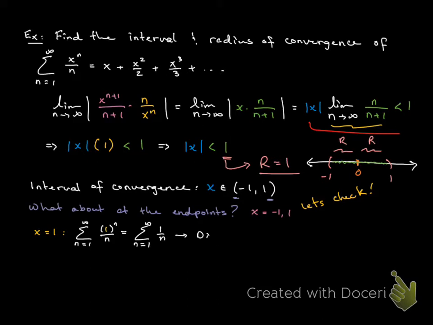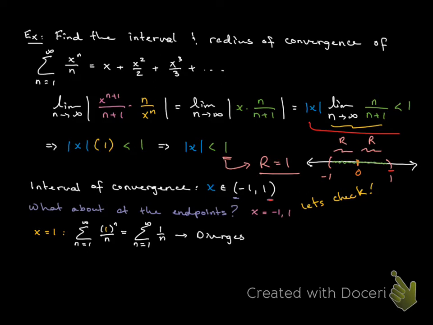We know this diverges. So when x is 1, we have diverging at that endpoint. That's going to affect that endpoint there on my number line.